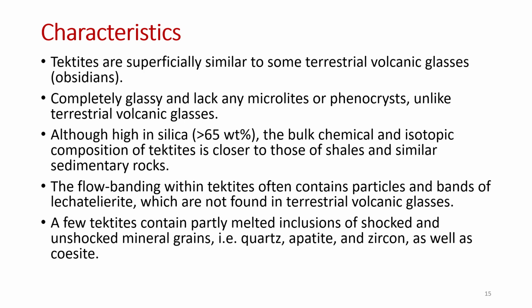The flow banding within tektites often contains particles and bands of lechatelierite, which are not found in terrestrial volcanic glasses. A few tektites contain partly melted inclusions of shocked and unshocked mineral grains, that means quartz, apatite, and zircon, as well as coesite.